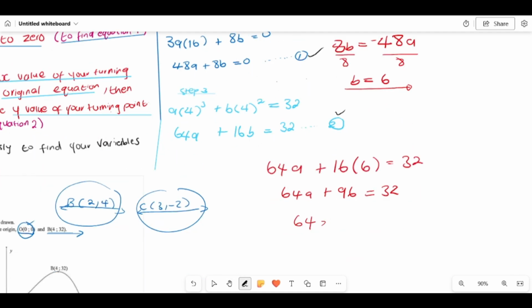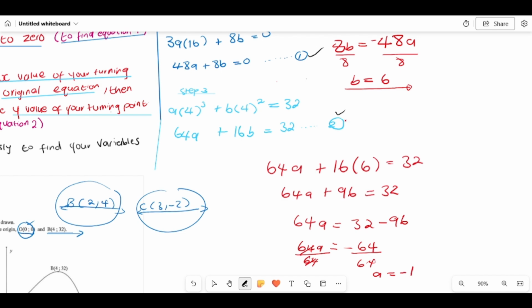So 64a is going to be equal to 32 minus 96, right? So 32 minus 96, punching it into my calculator, I'm going to get negative 64. And here I have 64a. Remember, I'm solving for a, not 64a, dividing both sides by 64. My a is going to be equal to negative 1.